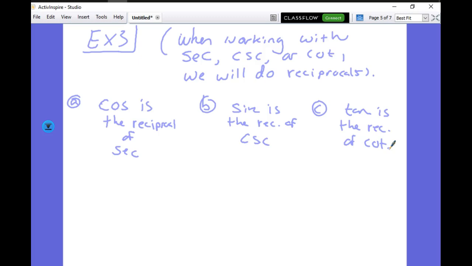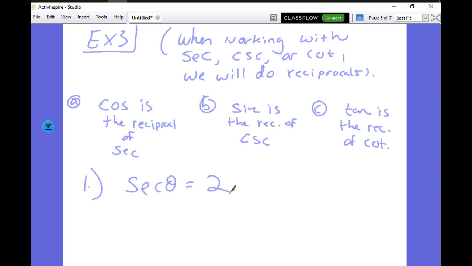So I'll show you what I mean. Let's do an example. Number one. Suppose I told you that secant of theta equals 2. Now, that's bigger than 1, right? But that's not a problem for secant. That's a problem for cosine and sine. Secant can be greater than 1.